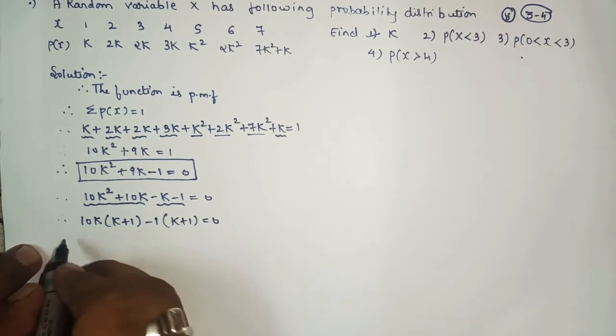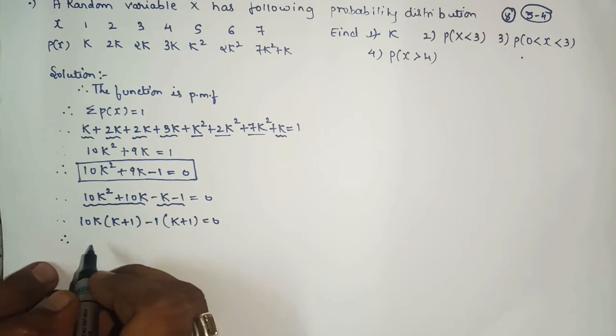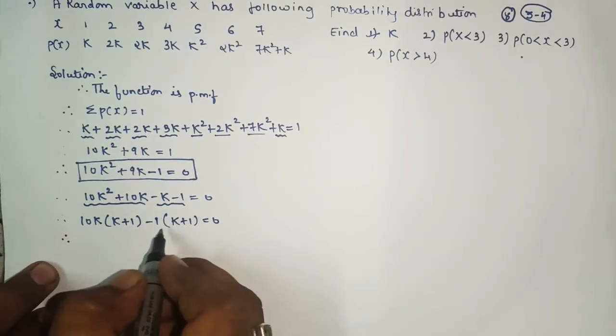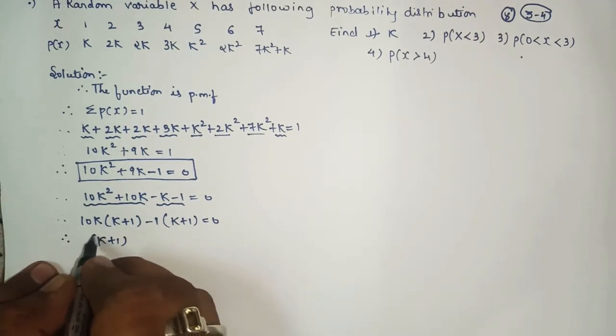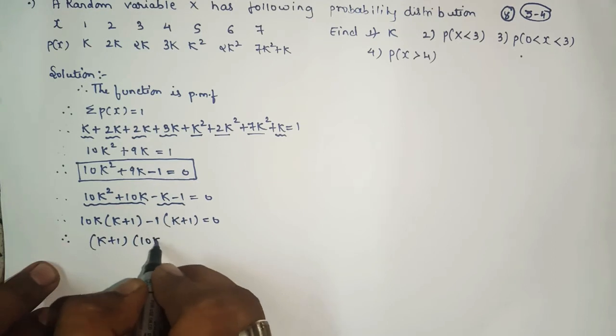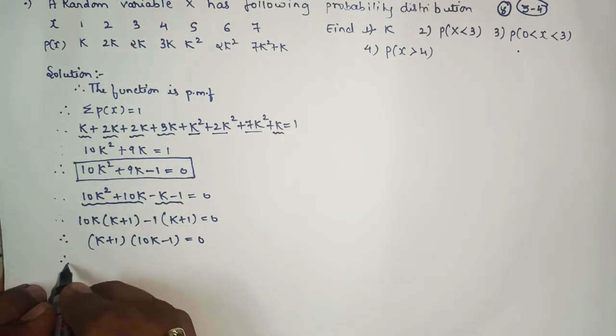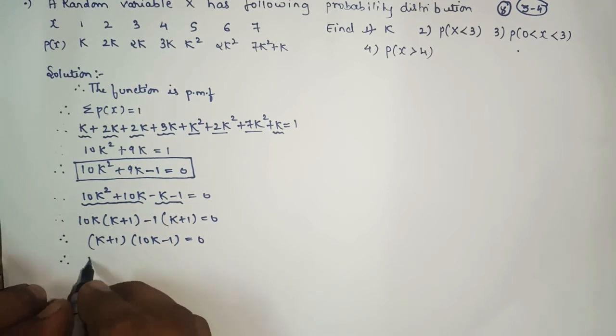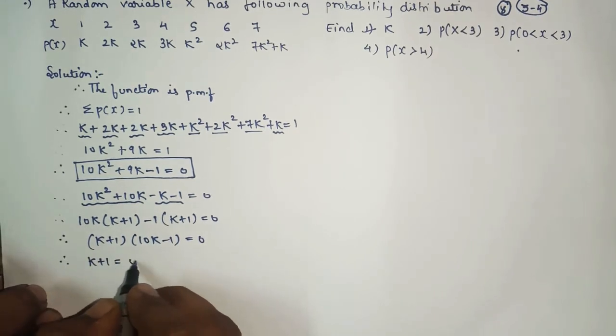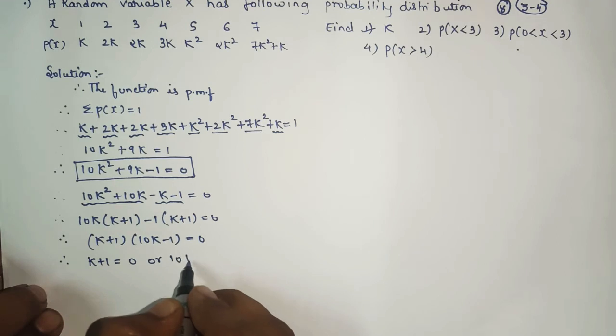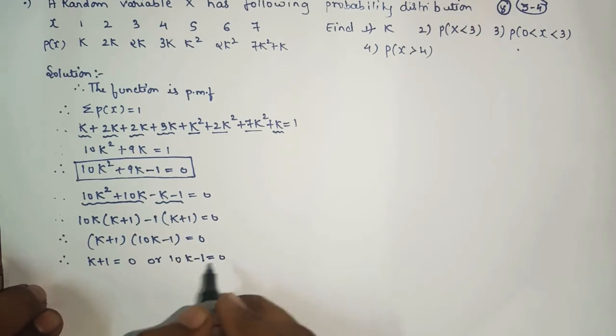Yes or no? So in the next step it will be what? As k plus 1 is common, we are left with 10k minus 1, which equals 0. So in the next step we'll write k plus 1 equals 0, or 10k minus 1 equals 0.